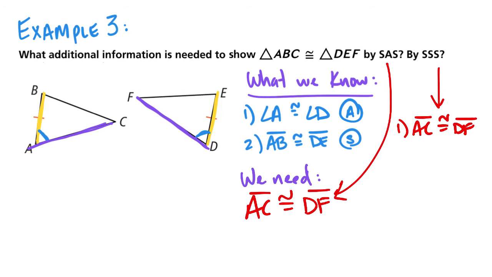But then we would need the third side. Let's just grab a color here. I haven't used green, so let's make it green. I would need segment EF to be congruent to segment BC, right? So the second thing I would need for SSS would be for segment BC to be congruent to segment EF.